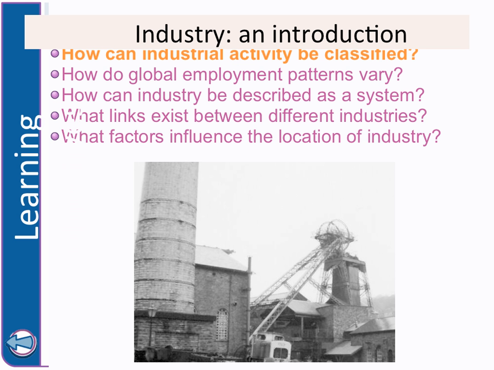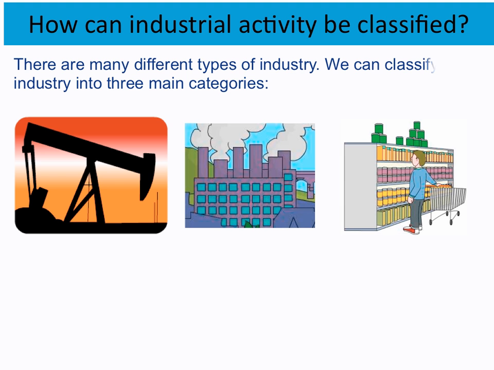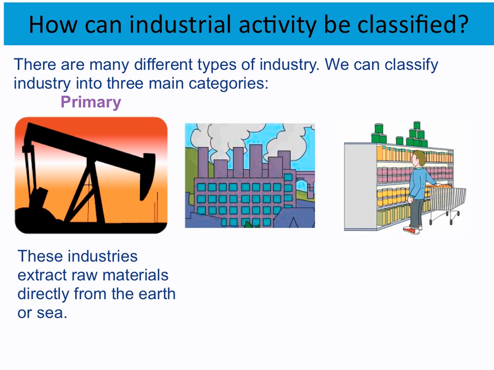So, how can industrial activity be classified? There are many different types of industry, but we can classify them into three main categories, which are primary industries, that include industries that extract raw materials from the earth, like farming, fishing, mining and forestry.